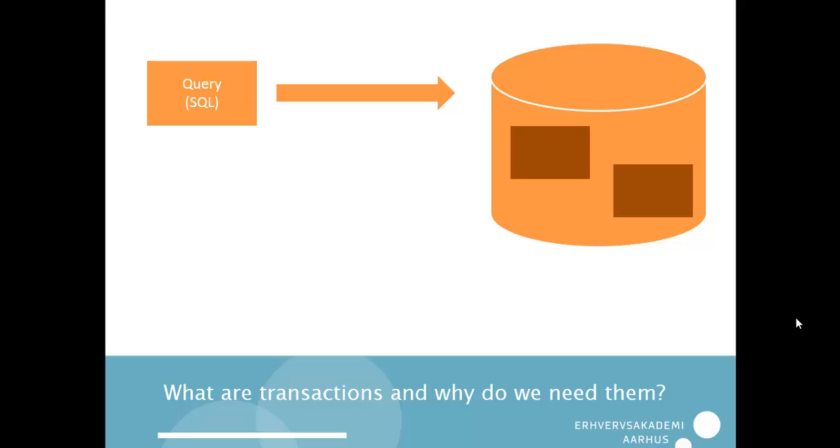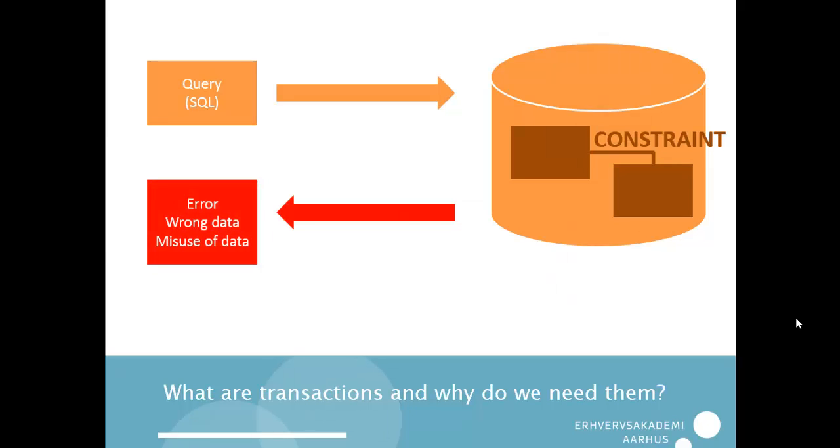So let's say this query will affect two tables, and perhaps there are some constraints that we have not put into our design, that we think should be a part of the business rules, and we expect the developers to respect these business rules. If they don't respect these business rules or constraints, we might get some error or wrong data or misuse of data.